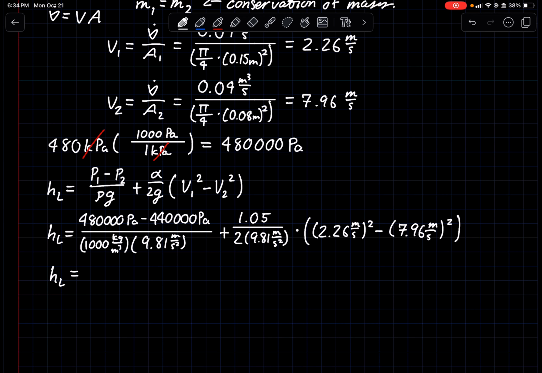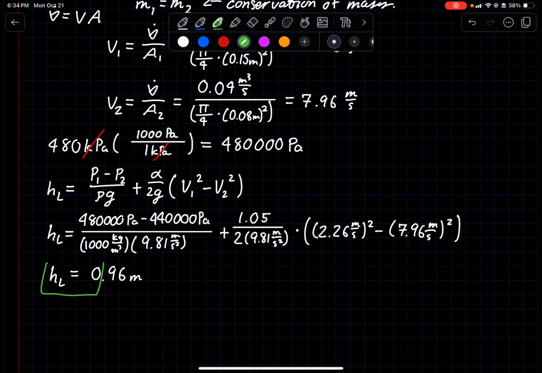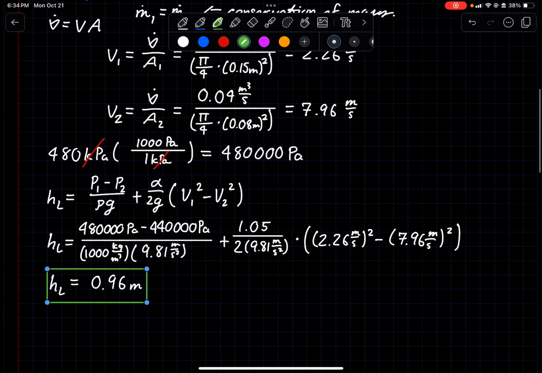And that gives us a head loss of 0.96 meters. So that should be the final answer.